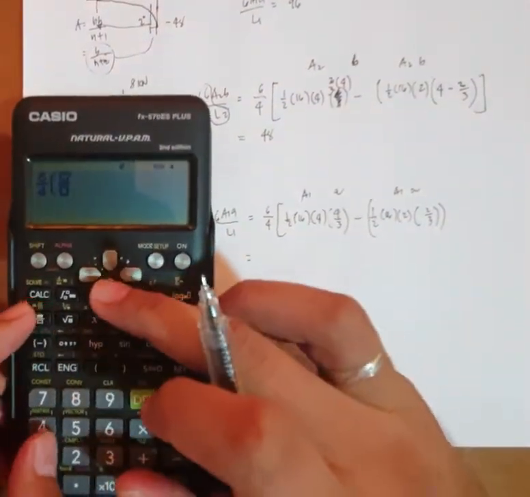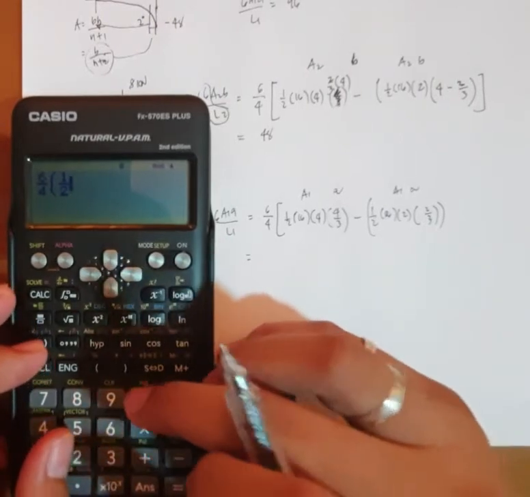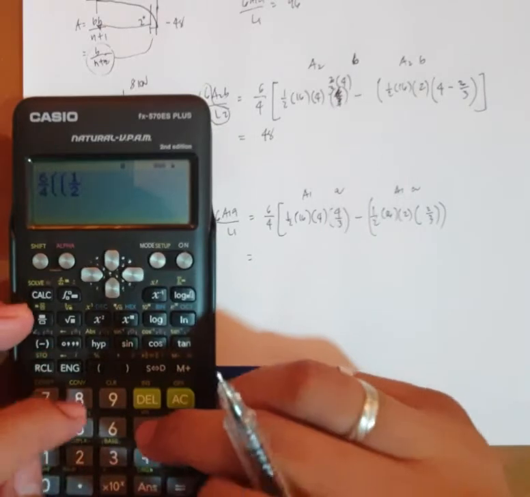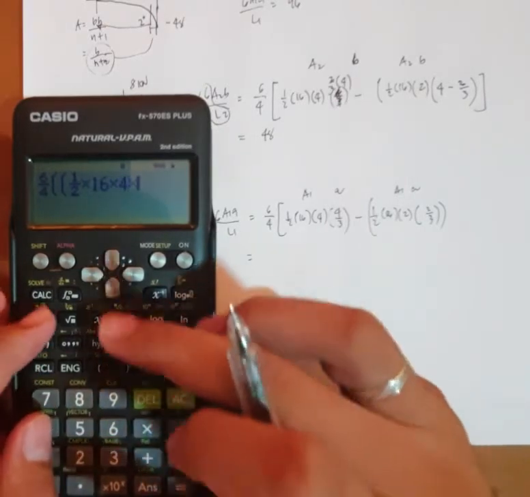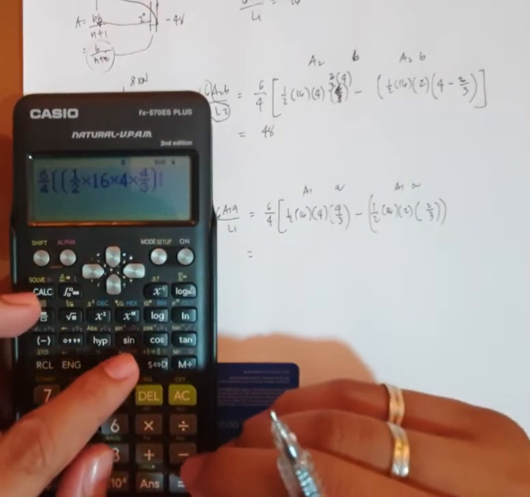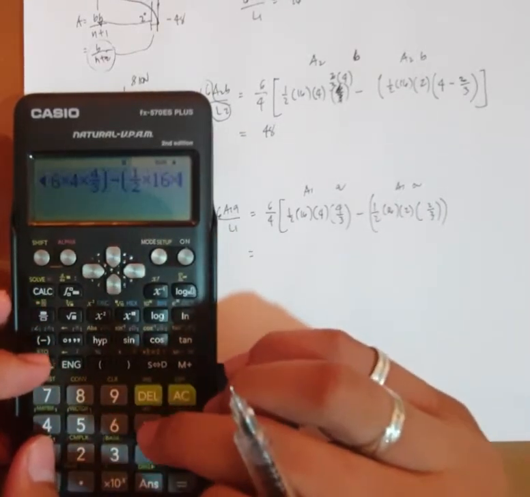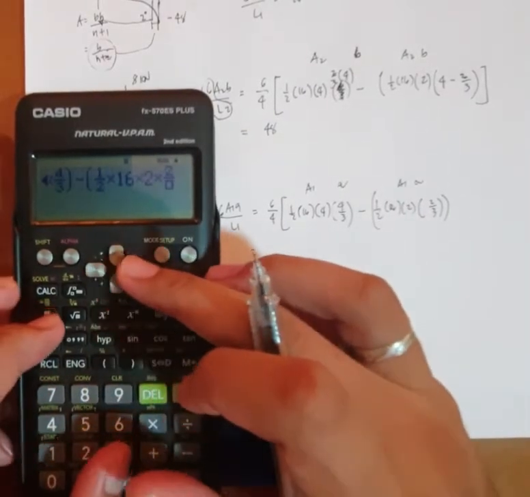So 6/4 times 1/2 times 16 times 4 times 4/3 minus 1/2 times 16 times 2 times 2/3.